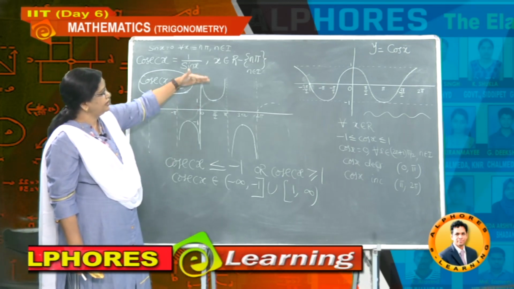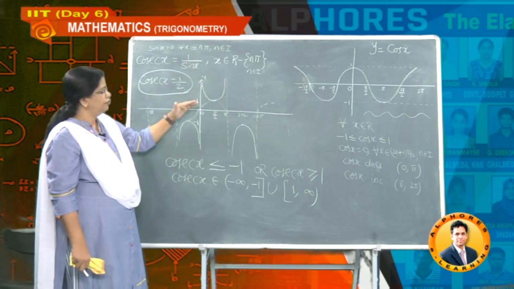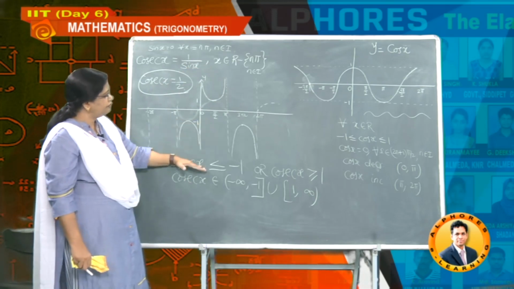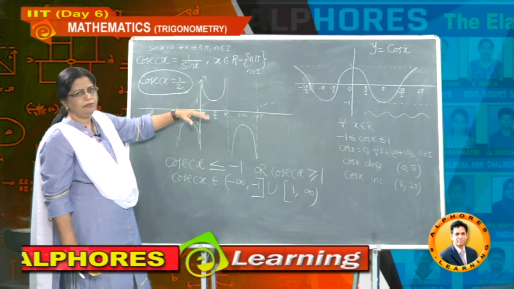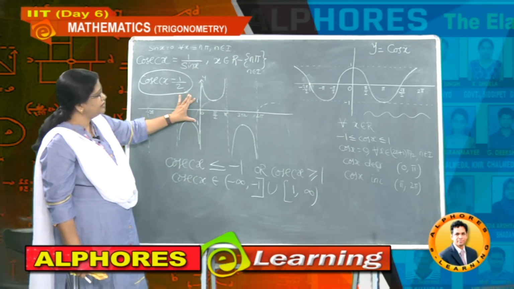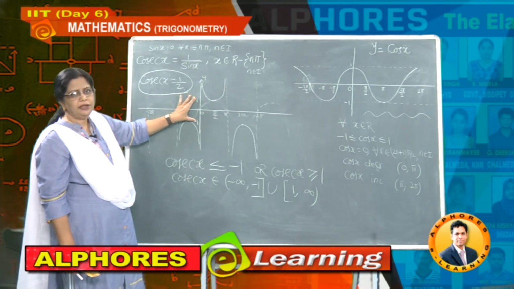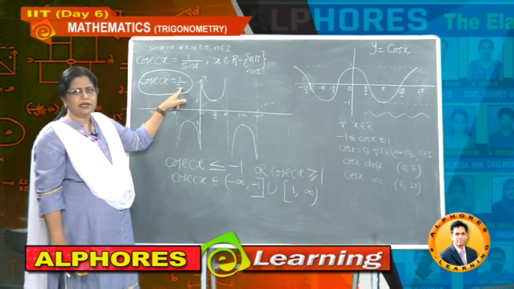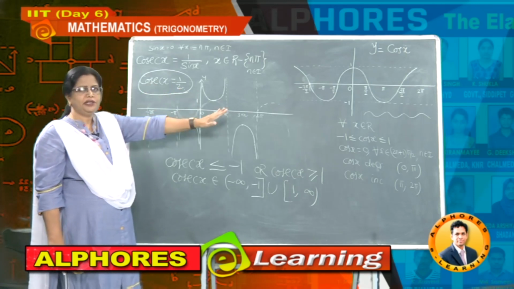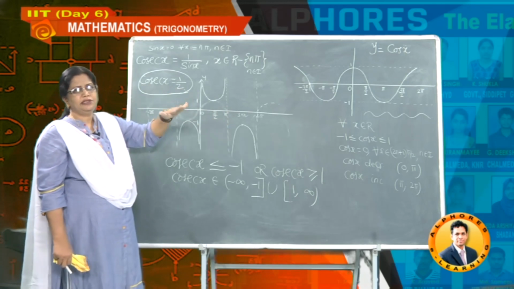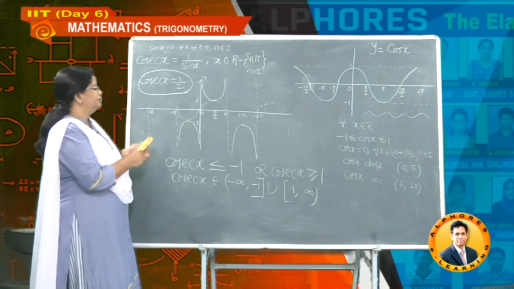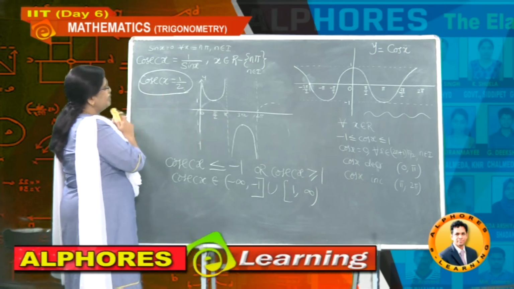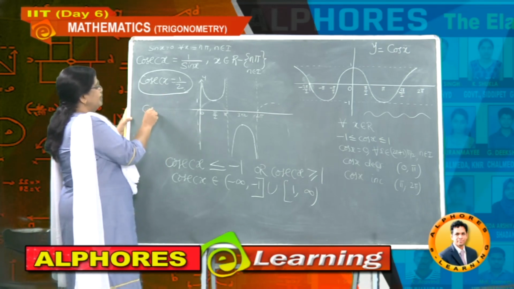Cosecant x is always above 1, but it cannot be below 1, and less than minus 1, but it can't be above minus 1. So in between minus 1 and 1, you cannot find any value for cosecant x. So if you come across this kind of equation, immediately you can say there is no such real value of x. Suppose I give cosecant x is equal to minus 3.